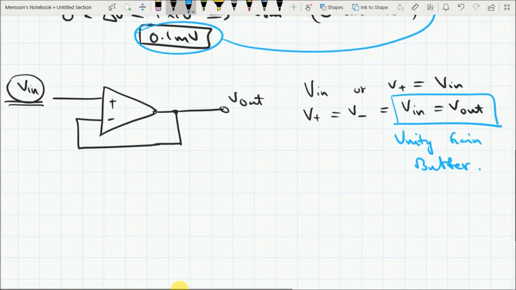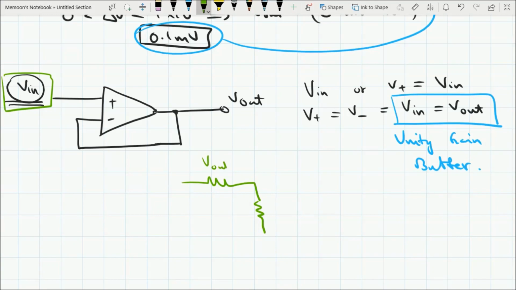Now this V in will be coming from some source, some sensor or some microphone or anything, and that supply will have some output impedance, right? If I connect any circuit or any other device at its output as its load, the circuit will become like this.